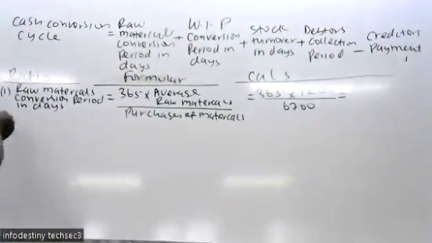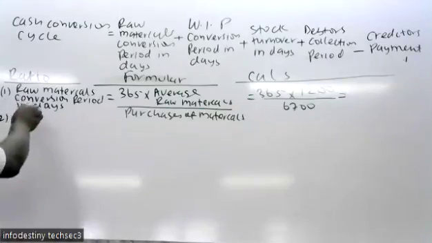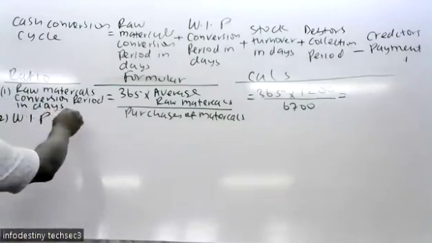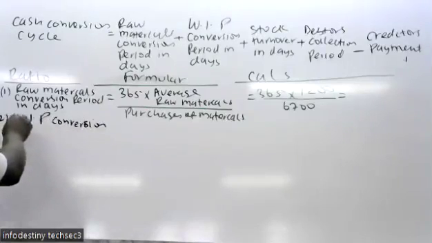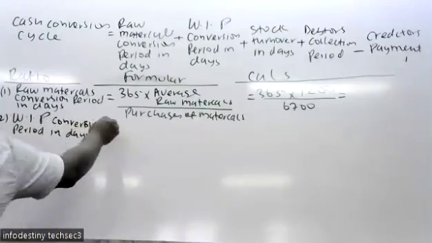So the second one is supposed to be work in progress conversion period in days.